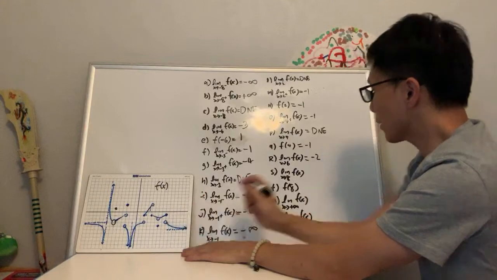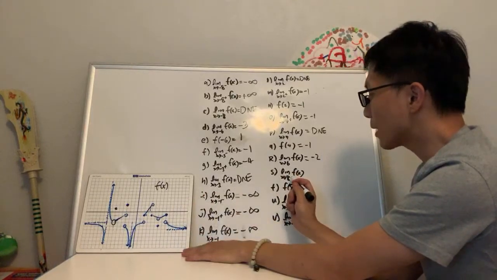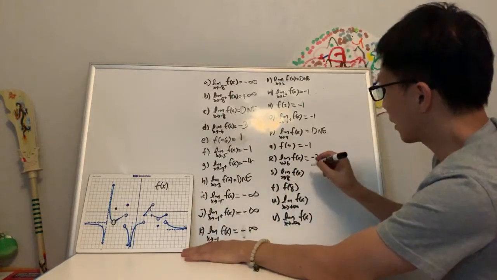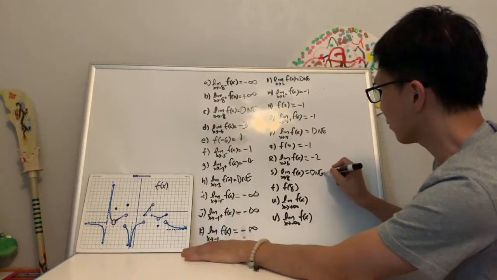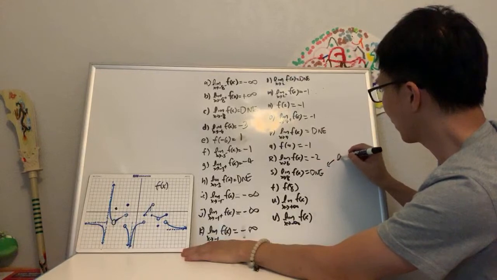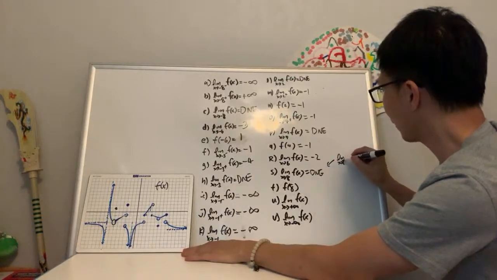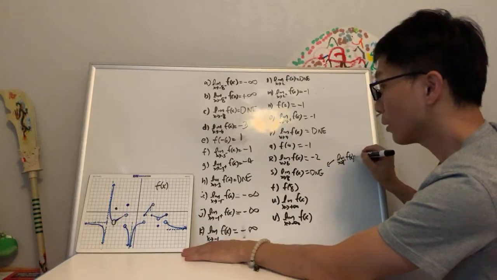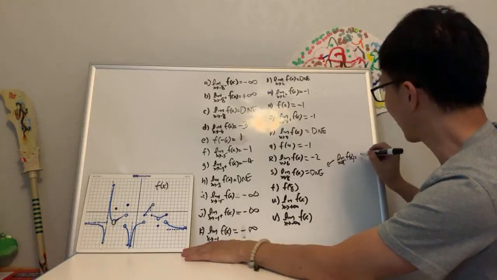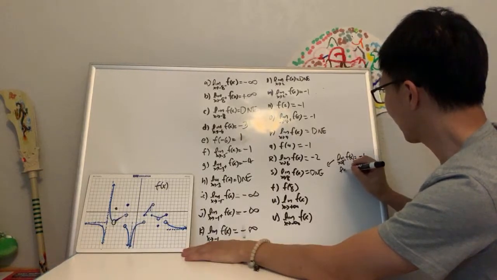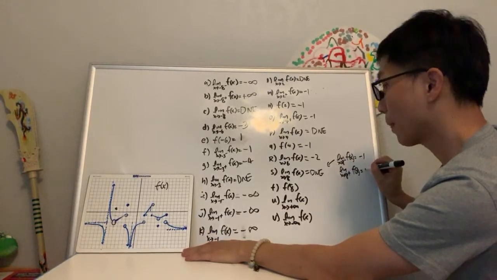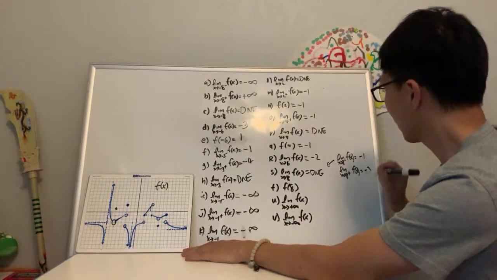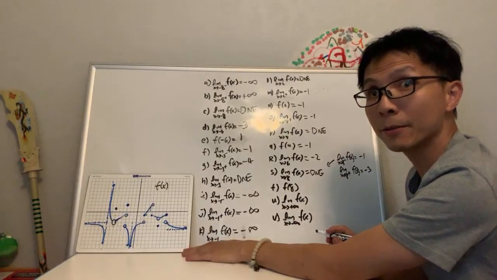In this case, the limit does not exist, because if you check both values, the limit as x approaches 8 from the left side of f of x gives you -1, and the limit as x approaches 8 from the positive side is -3. So therefore, it does not exist.